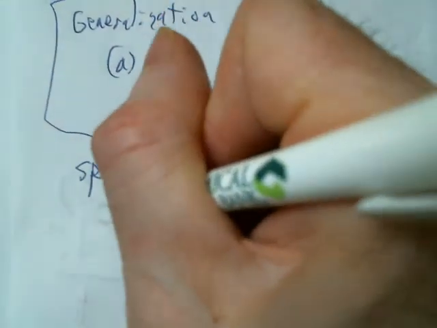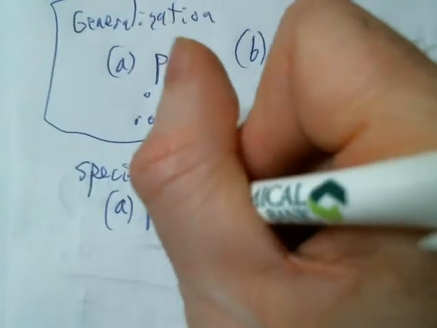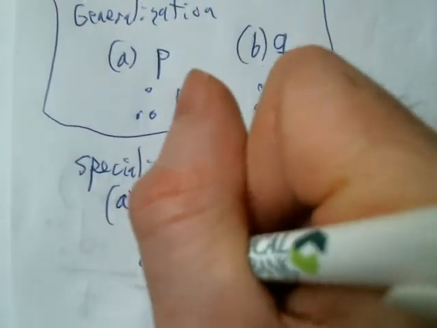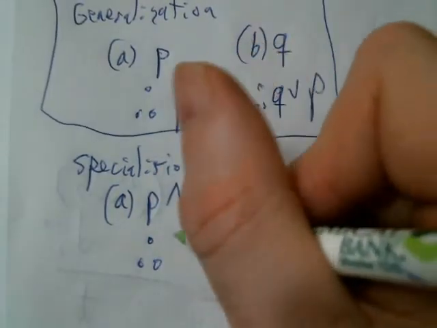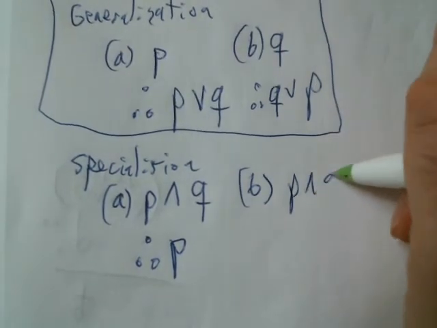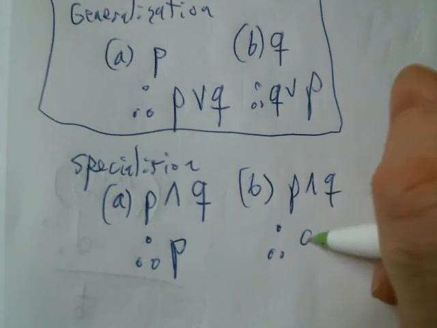So specialization, if you have an and statement, you can make it smaller. If I have P and Q, I can say P. And likewise, if you have P and Q, you can also say Q.